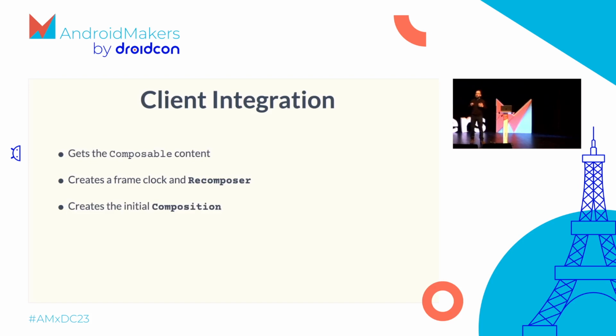So you might also be wondering, like, there's this composition term going around, right? And this composition is being created, etc. So this client integration is the place that you create the initial composition as the parent of any other composition that might happen. Also, it observes the snapshot changes. Like, if you are using the state objects in Compose, you might also be thinking, oh, this is so cool, right? So I just need to change the state object, and then it's going to recompose for me. It's actually going to do that, but by the help of client integration.